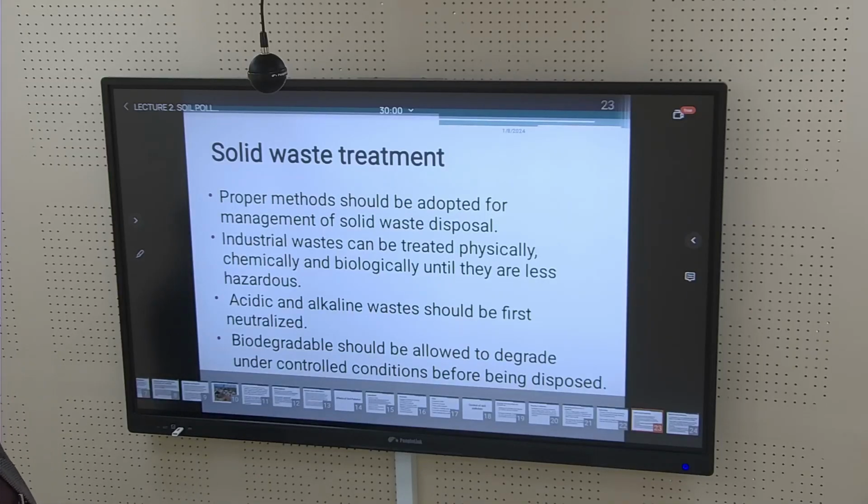Industrial waste can be treated physically, chemically, and biologically until it is less hazardous. Acidic and alkaline waste should first be neutralized before dumping. Biodegradable waste should be allowed to degrade under controlled conditions before being disposed of.